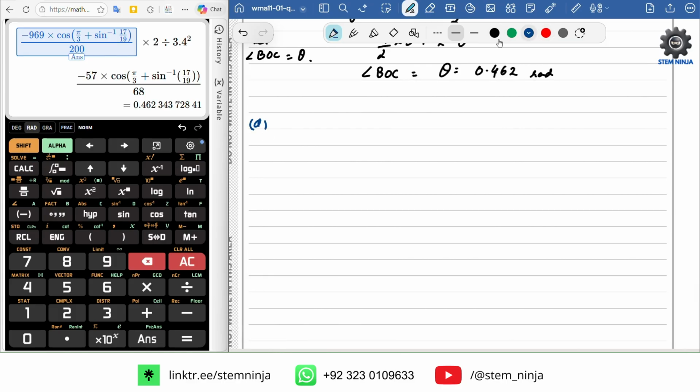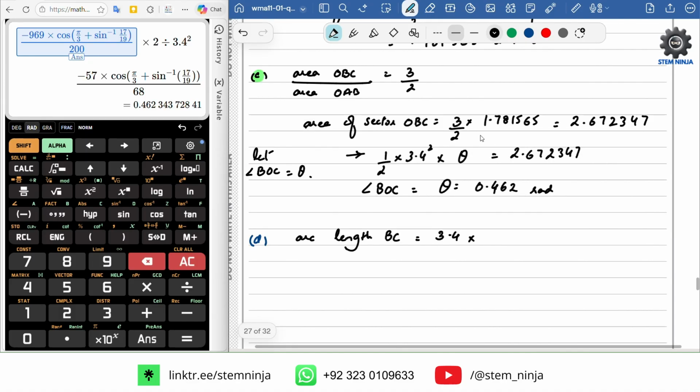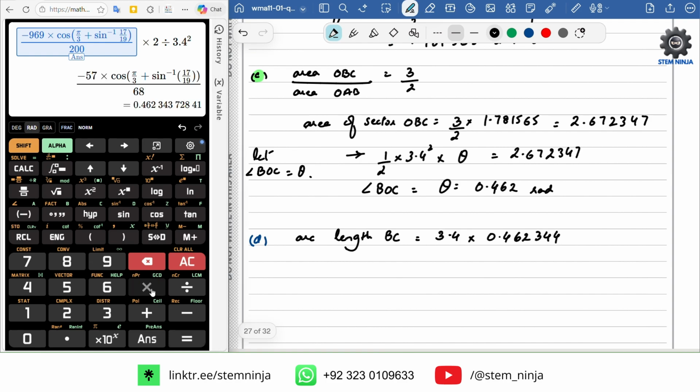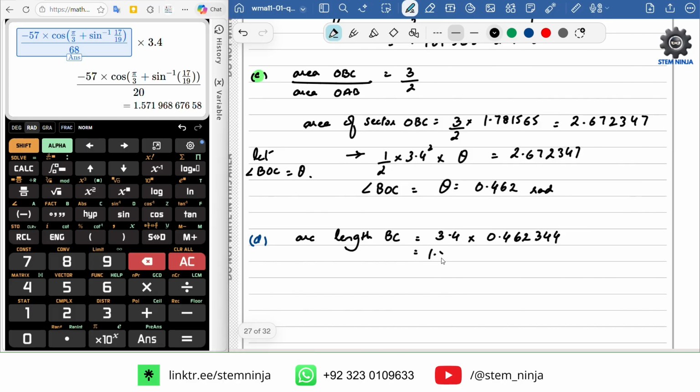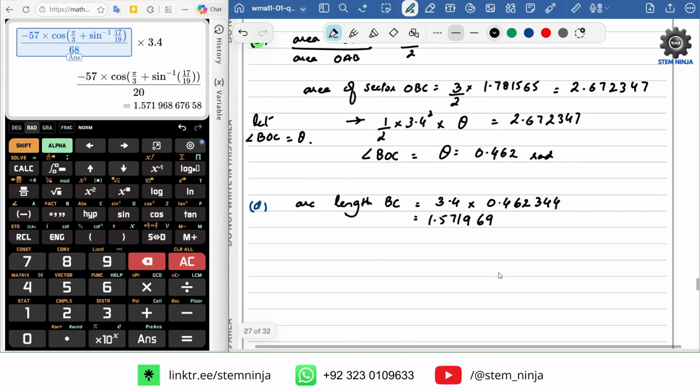So the arc length is r theta, simply r times the theta BOC that we have found out, 0.462343. So this times 3.4, this is your 1.571969.